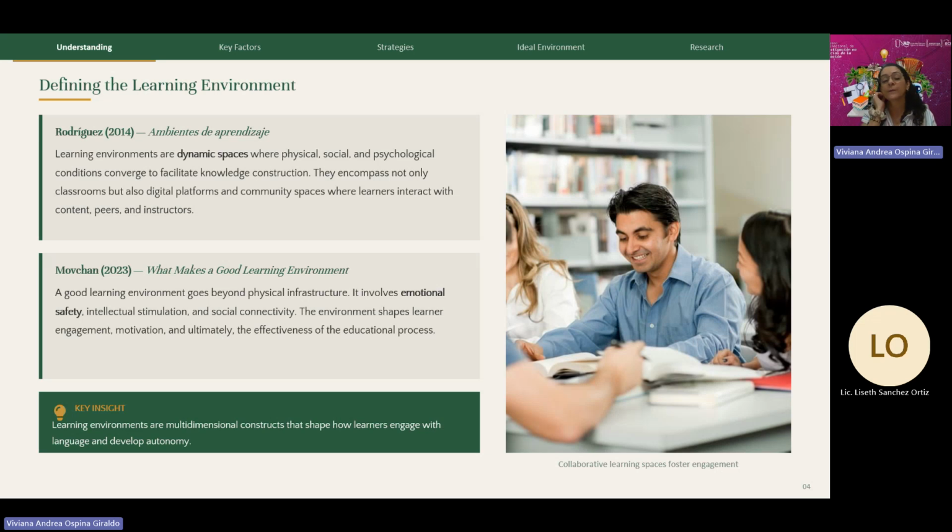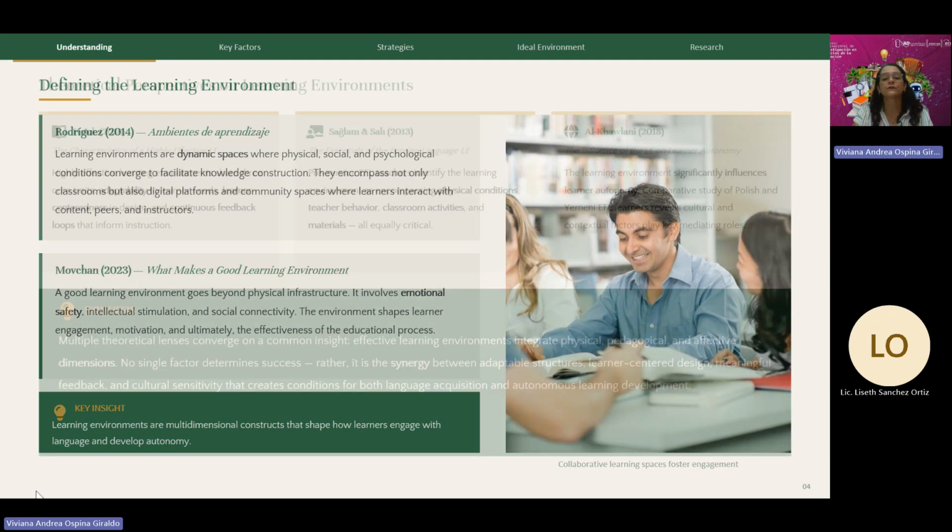So if I think of my students, this author in particular talks about emotional safety. So it's important that we consider that the learning environments are multidimensional and they provide not only language learning, but also need to develop autonomy specifically for our students.